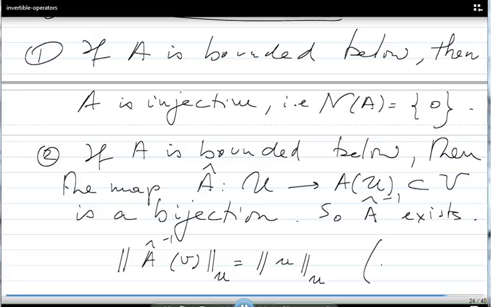Here we have A hat of u equals v, or A of u equals v.